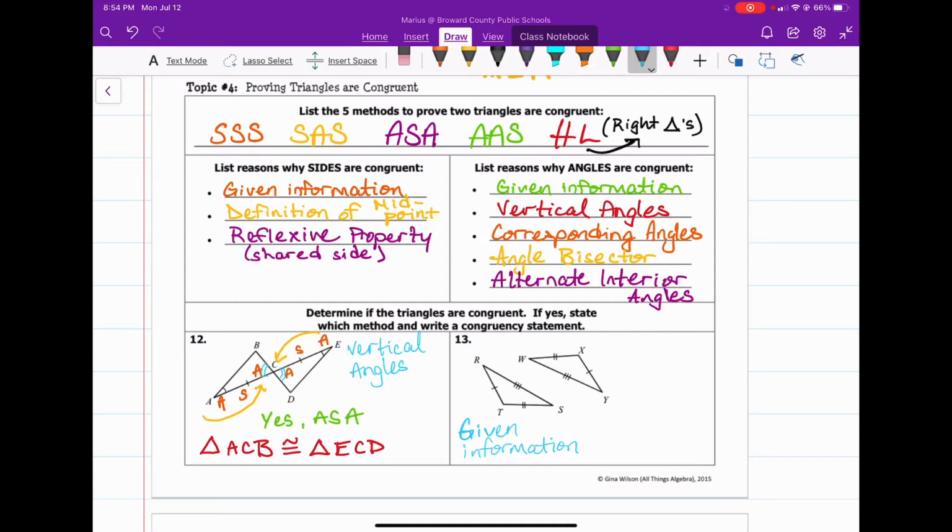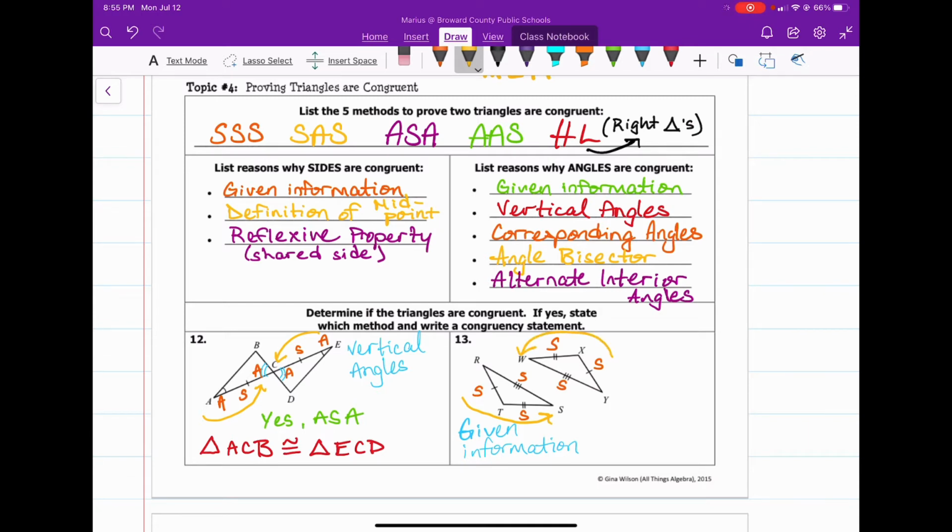Like I said before, this is given information, and if we notice, we can just go around. I'm going to follow the markings in order. 1 side congruent, 2, and then 3. So I went in that order. This is basically side, side, side. Now, if we follow the order, you go in the order of the congruent markings. So for the triangle on the bottom, pretty much going that direction, and then the triangle on the top right here, pretty much going this direction.